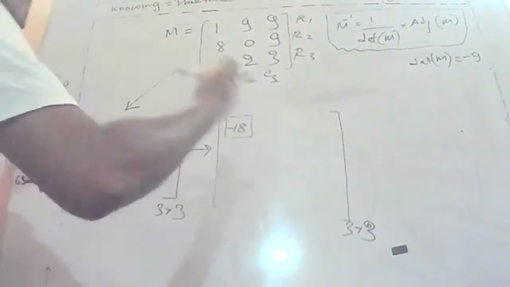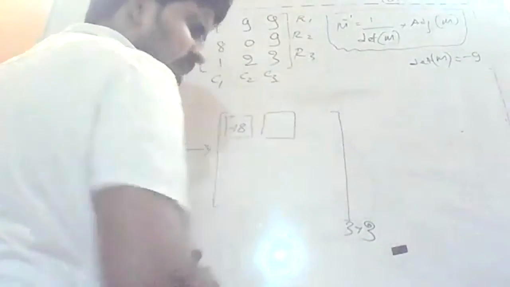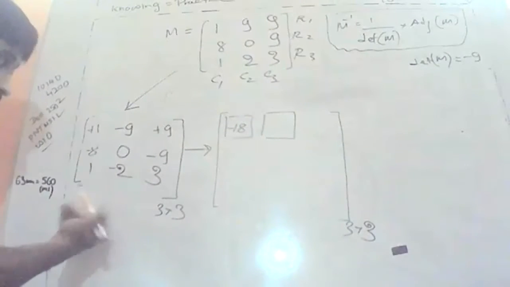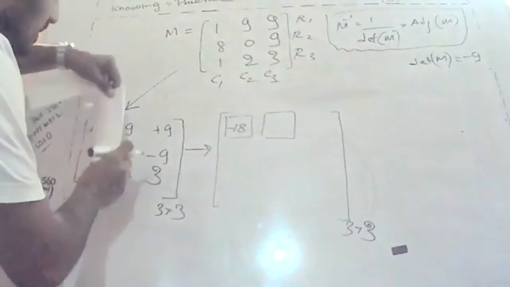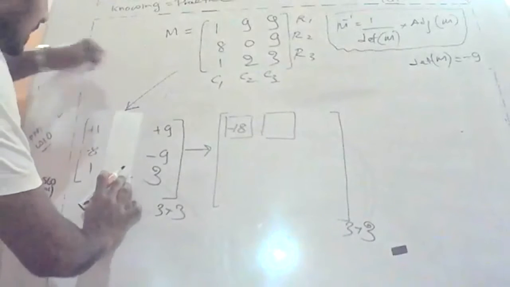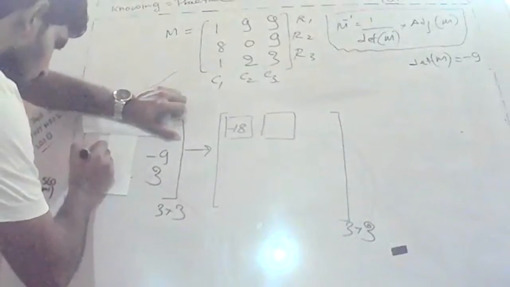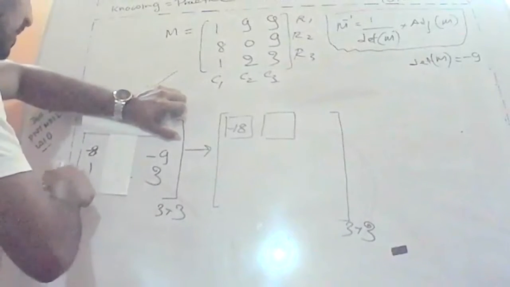Now we want to find the second element. So how to find the second element? Go to the previous format. Cover the column that belongs to the second element, then cover the row that belongs to the second element. Then what you have is minus 8, 3, 1, and minus 9.